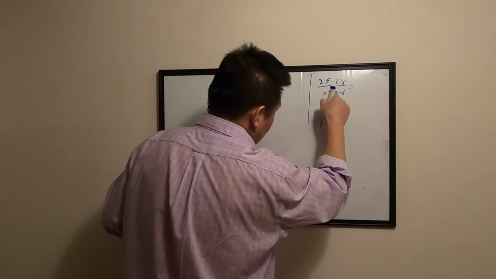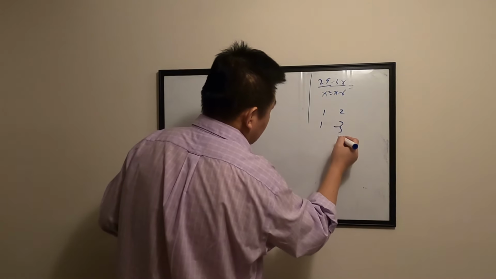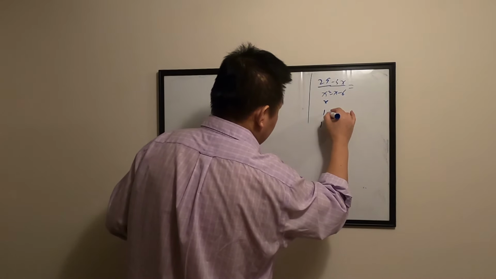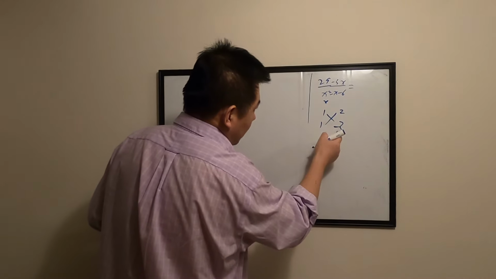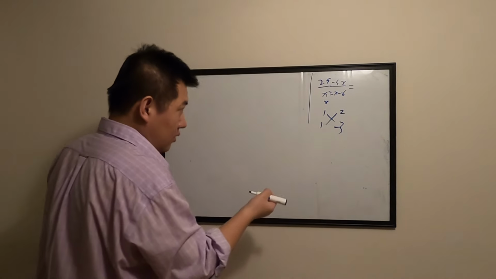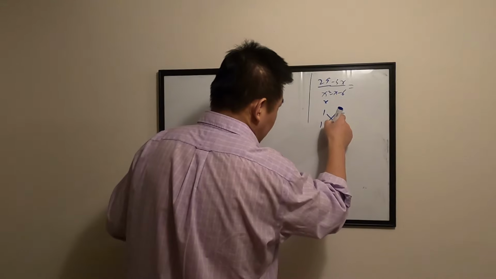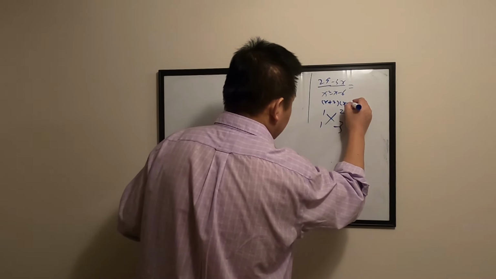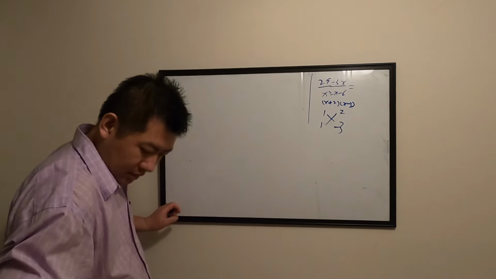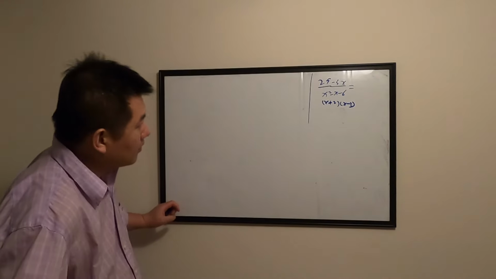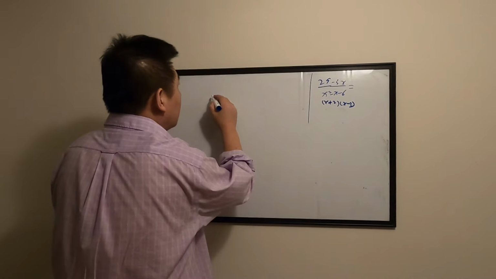So here negative 1. Okay. So here should be right. 1 times negative 1 plus 1 times 2 is negative 1. Okay, here we rewrite this.